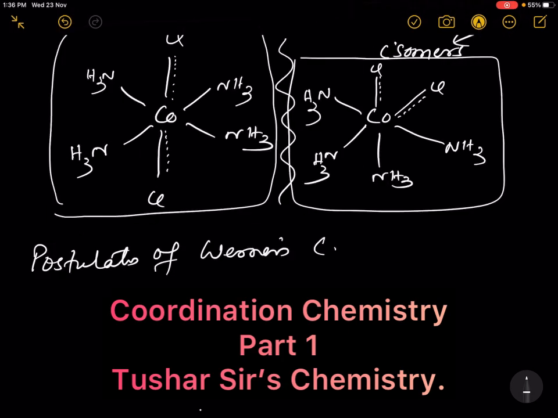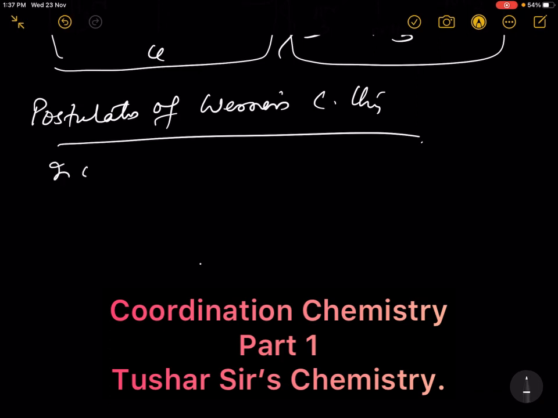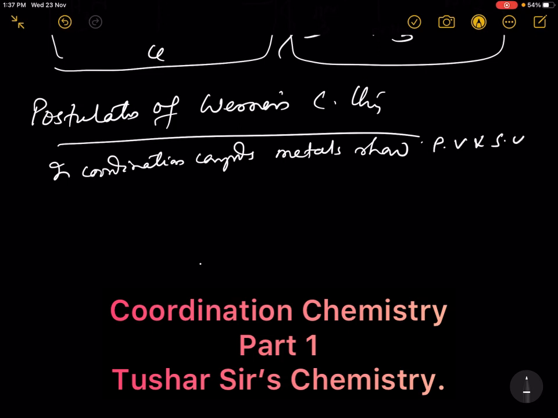Postulates of Werner's coordination theory. Postulate number 1. In coordination compounds, metals show two types of valences, primary valence and secondary valency. Number 2, primary valences are ionizable.